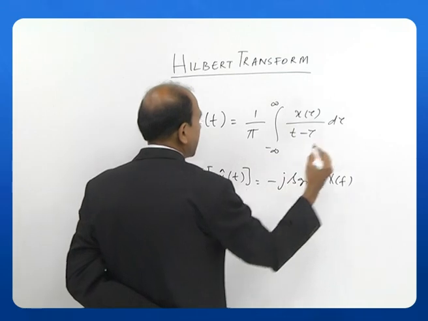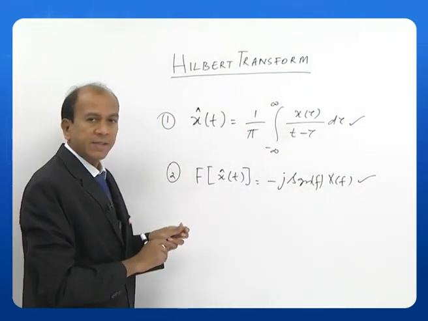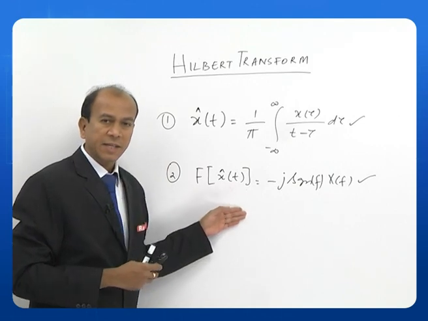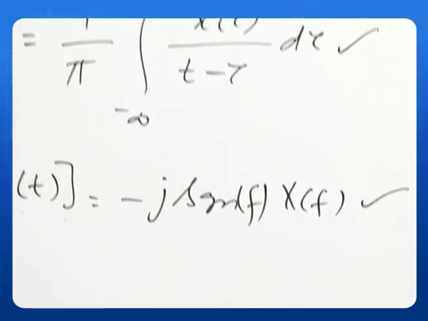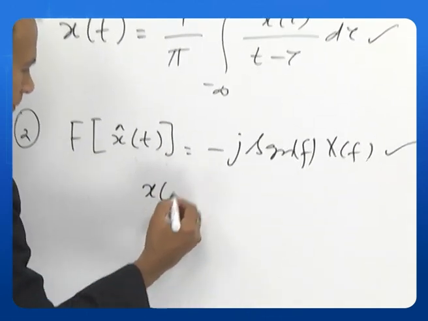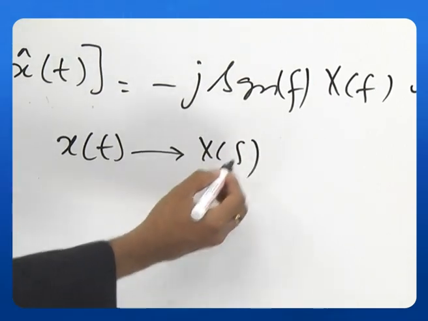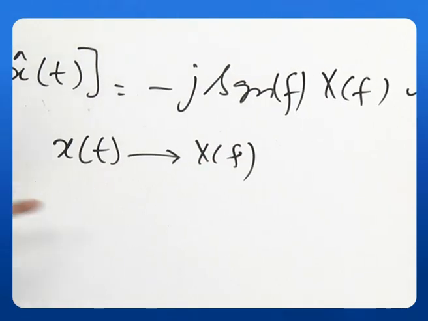These are the two formulas you should remember here. So, there are two ways of doing this. One, if I know x of t, I will find its Fourier transform X of f. This is one way of doing it.